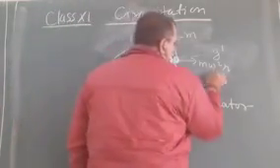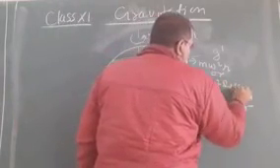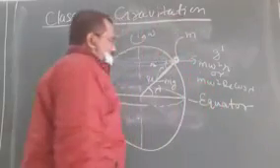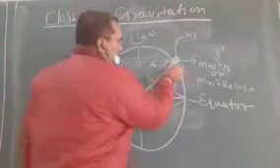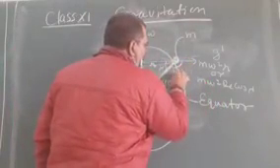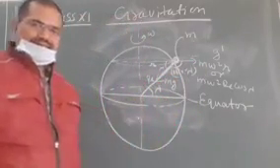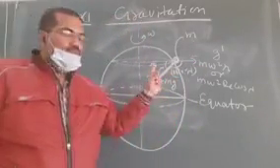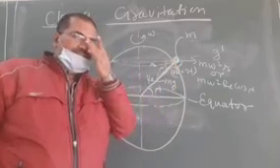So we will put here m omega square RE cos lambda. This is lambda, so this would be 180 minus lambda. What is the resultant force acting on the body here?